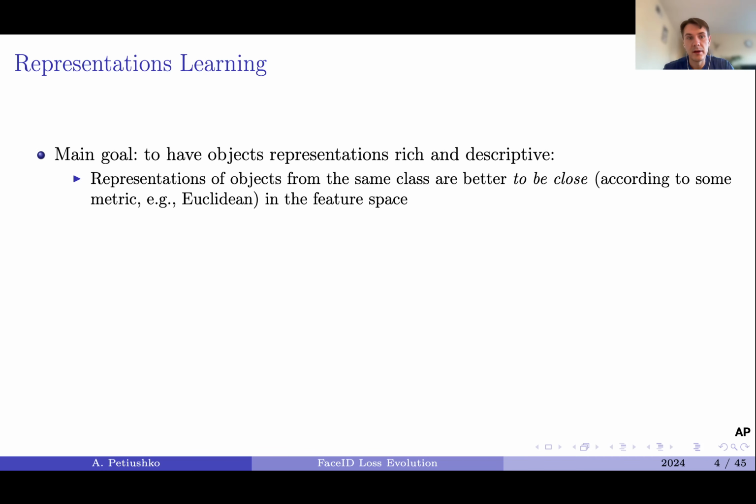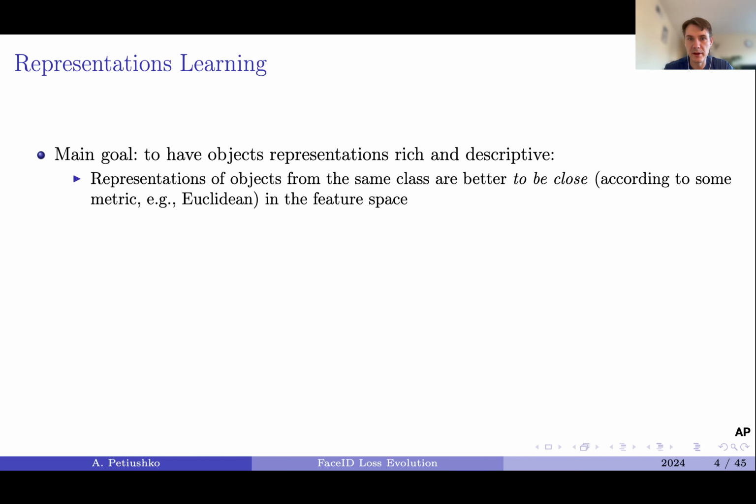And here the concept of representation learning comes onto the stage. The main goal is to have object representations, this X, be rich and descriptive.